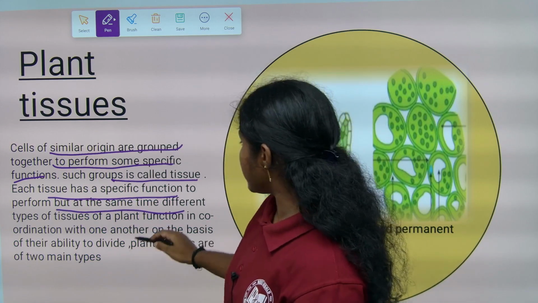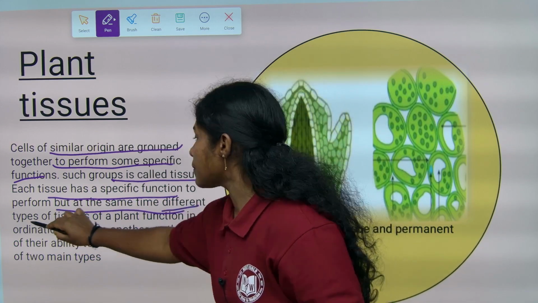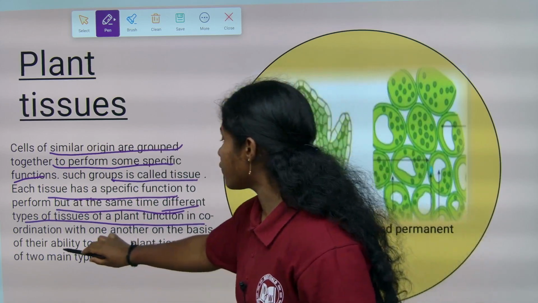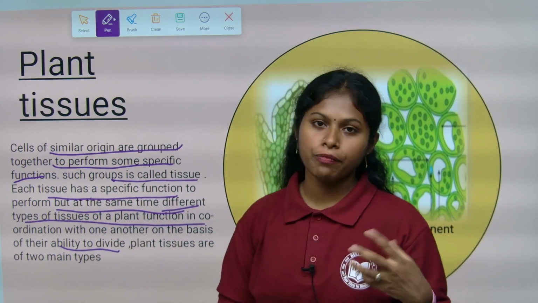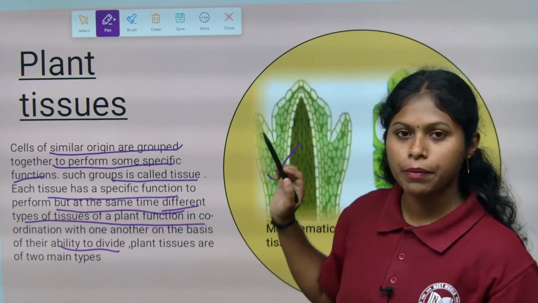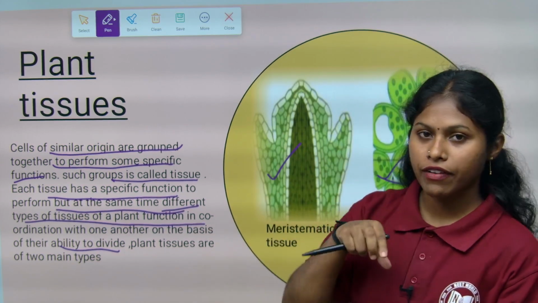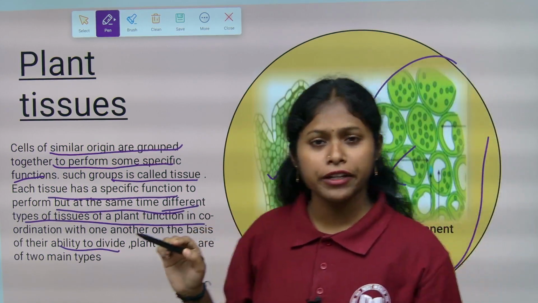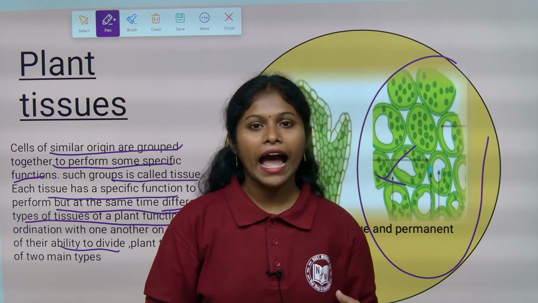Here see, children, at the same time different types of tissues of a plant function in coordination with one another on the basis of their ability to divide. Plant tissues are of two main types: one is meristematic tissue, another is permanent tissue. When they lose the ability to divide, they give rise to permanent tissues. The meristematic tissues are actively dividing cells.